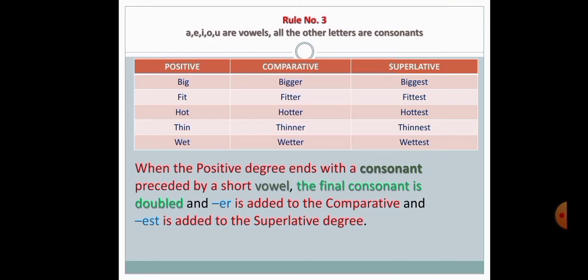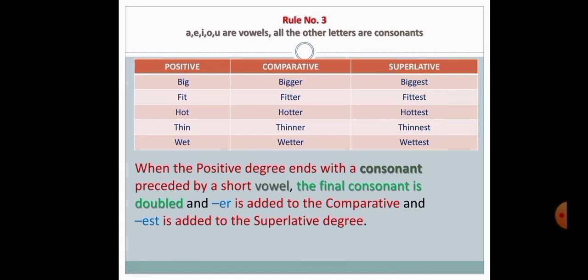So whenever we have adjectives which end with a consonant, and immediately before that we have a vowel, then what we need to do is double the consonant before we add er for the comparative and est for the superlative. Got it?